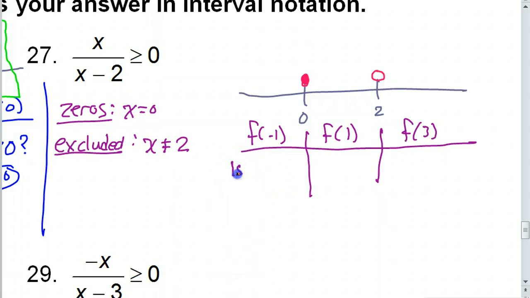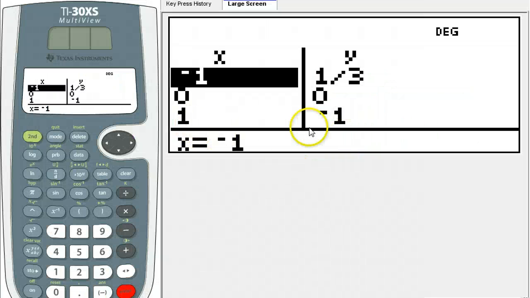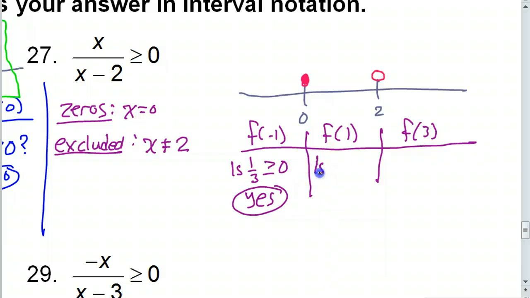So I ask myself the question, is 1/3, and we want it to be greater than or equal to 0? And the answer is yes, that is a positive number. So now we look at 1. Well, at +1, the value is -1. So we ask ourselves, is -1 greater than or equal to 0?